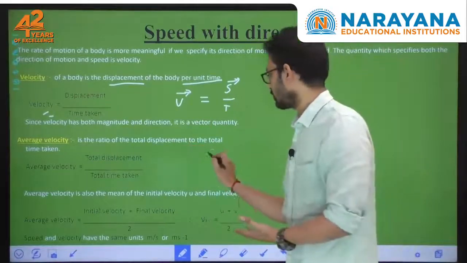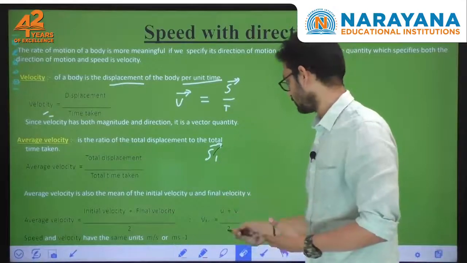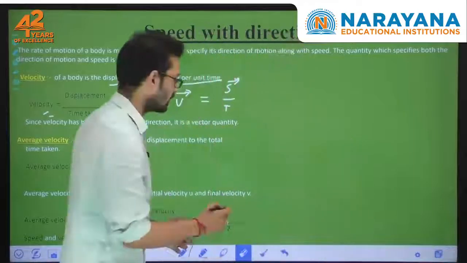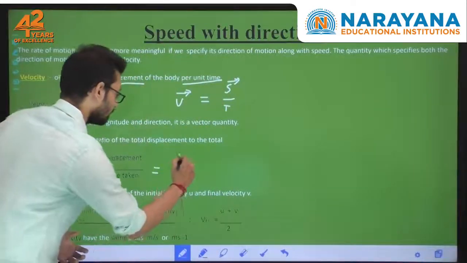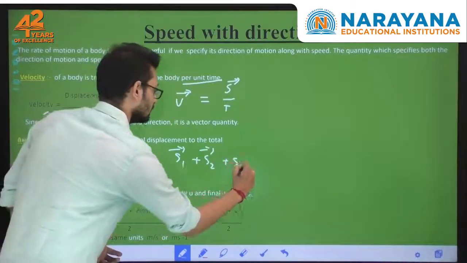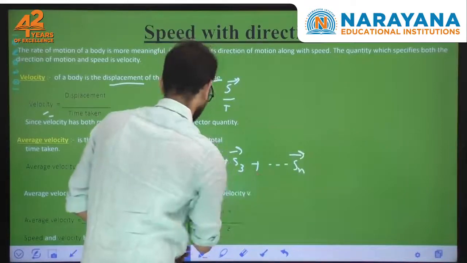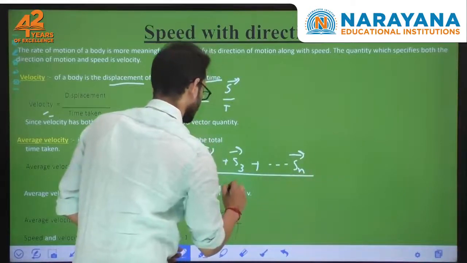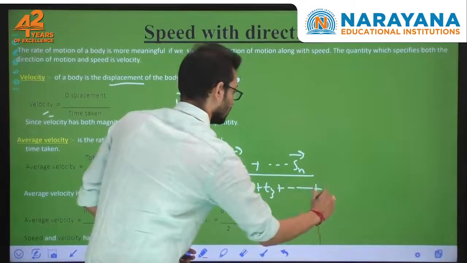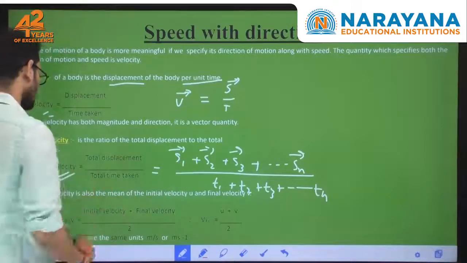If you try to find the total displacement, S1 bar plus S2 bar plus S3 bar and so on up to Sn bar, by T1 plus T2 plus T3 and so on up to Tn, total displacement by total time is called average velocity.